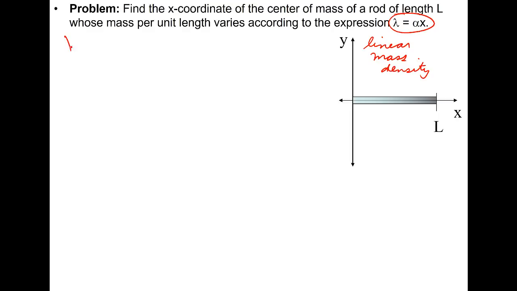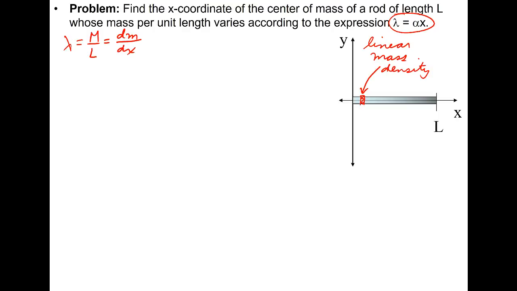So lambda is defined as mass per length. That's also dm over dx. So if I take a tiny little chunk here, it's going to have a density of lambda.